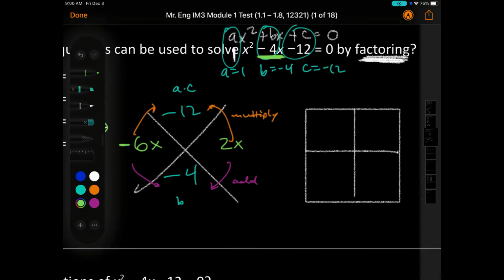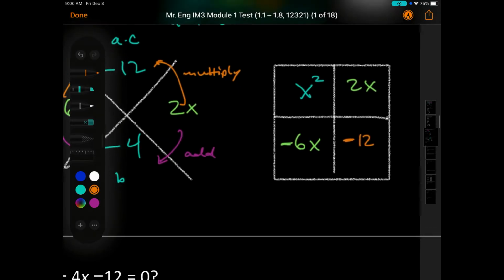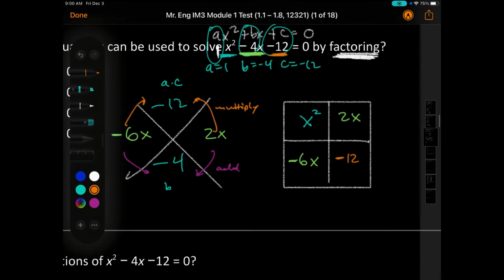So that green will always go into the bottom left and the top right, always. The first term, x squared, will always go in the top left, and in the top right, -12. Now, this is also called factoring by grouping. Basically, what we're doing is we're taking the 3 terms and making them 4 terms. It'll look like this.